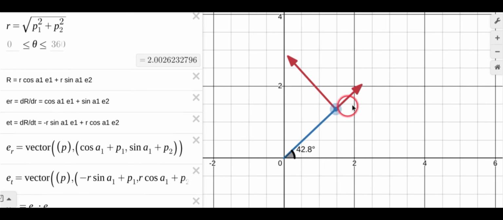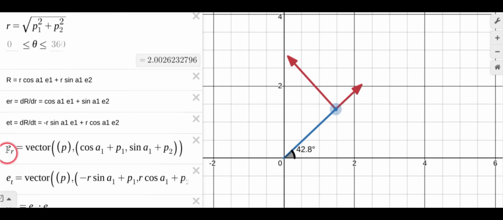All right. So we've got ER and E theta. Now these are covariant basis vectors, right? We want to find contravariant basis vectors also. Well, how do we do that? If you remember, the way you raise and lower indices in tensor calculus is you multiply whatever you're interested in changing by the metric tensor.